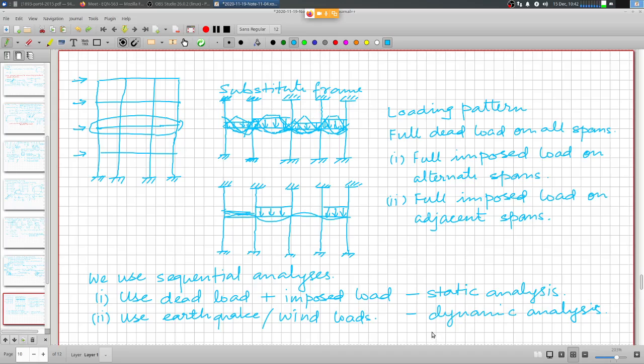Ideally it should be dynamic analysis, but you can do it using either response spectrum method or even equivalent static analysis.